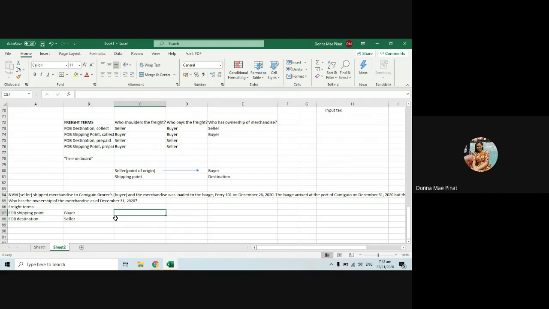So, if FOB shipping point, guys, ang ownership of merchandise belongs to the buyer, which is Camiguin Grocers. Then kung destination, NVM. So si NVM gihapon kung destination. Okay?